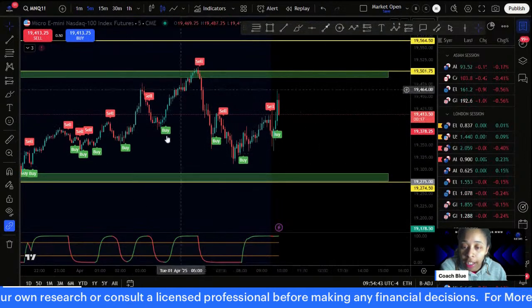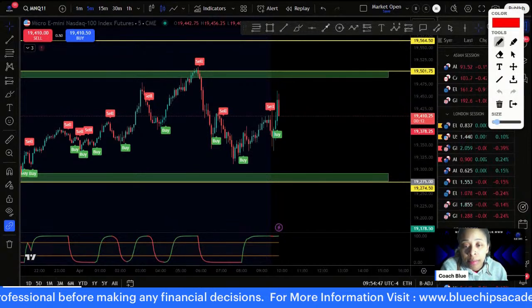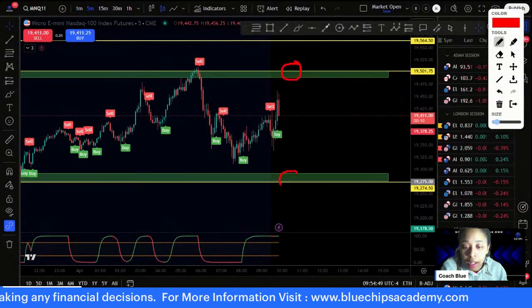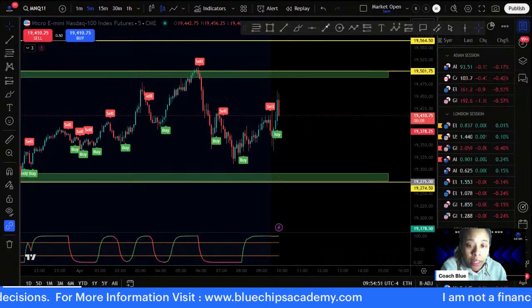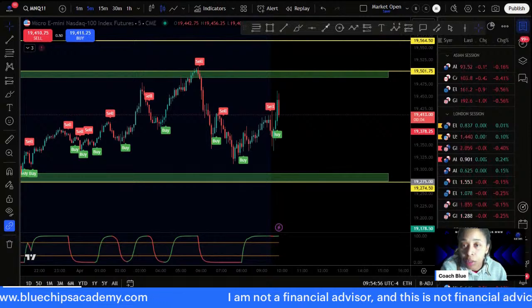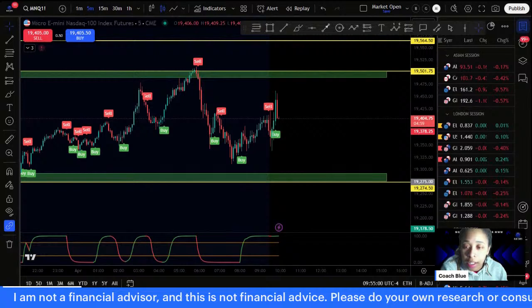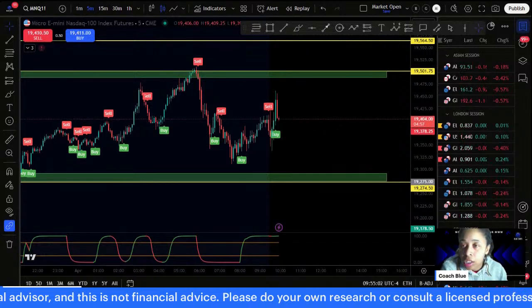Because when we're in the range, that's what we're looking for, our STC. But our full confirmation, again, is if we get a BPC at these two levels right here. That's our full confirmation. If you have questions, just let me know. But that's what we're looking for as far as today is concerned.